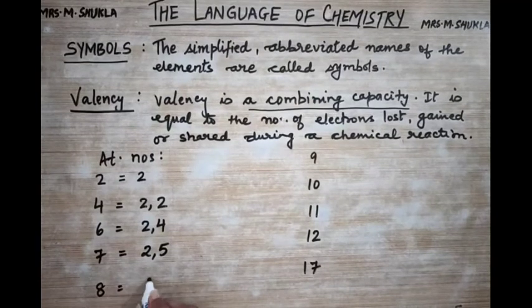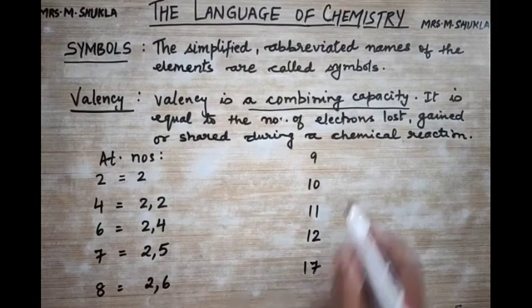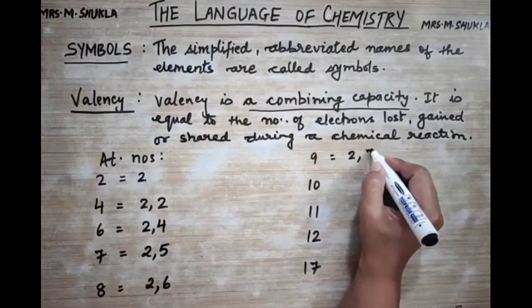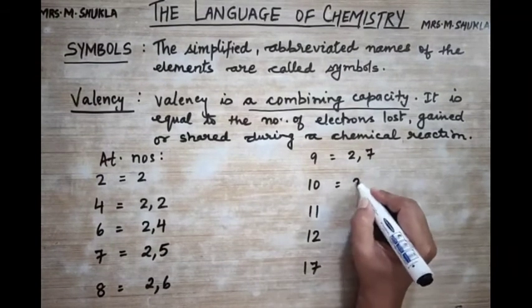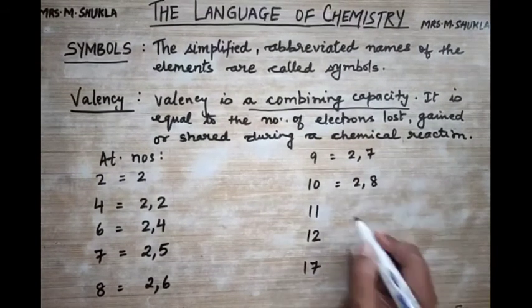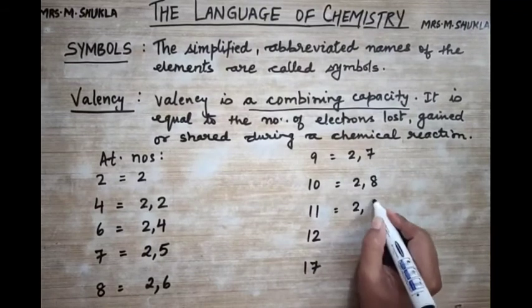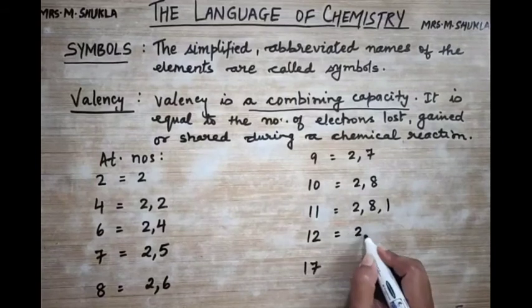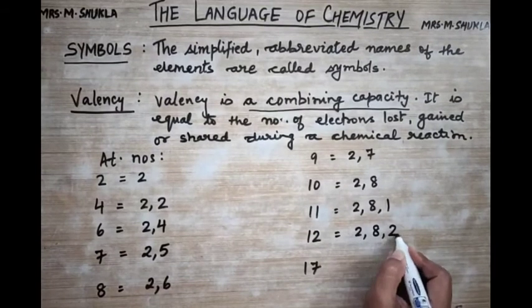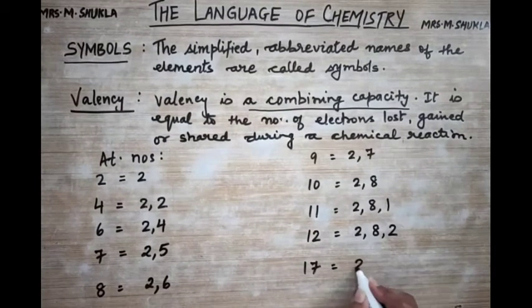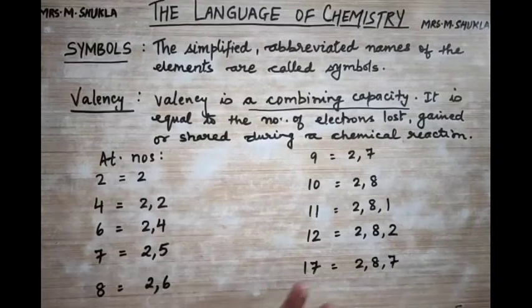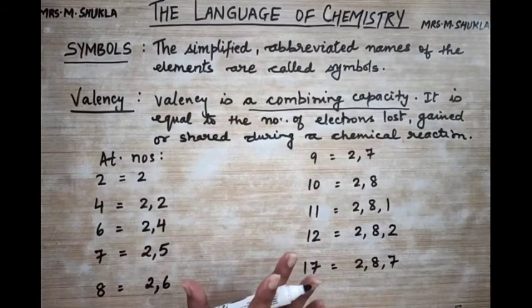What about 8? 2 and 6. What about 9? 2 and 7. What about 10? 2, 8. 11 is 2, 8, 1. 12 is 2, 8, 2. 17 is 2, 8, 7. So we have configured this, correct?